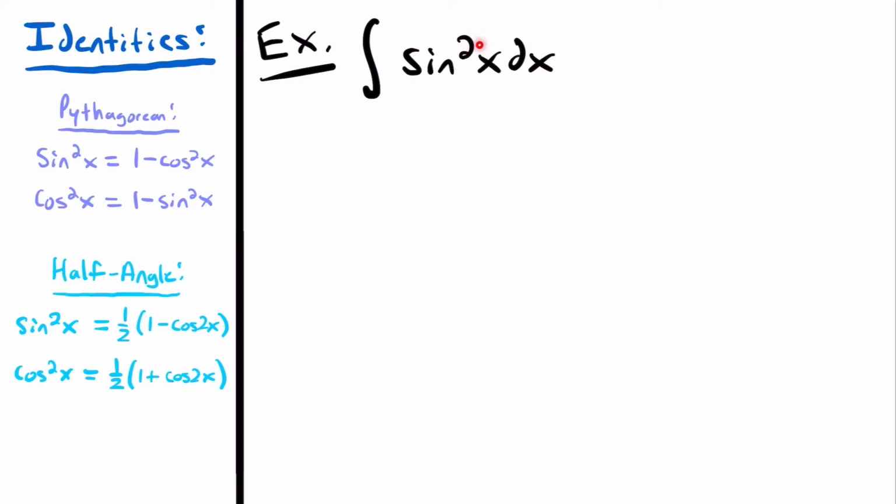Instead of rewriting sine squared x with a Pythagorean identity, where we'd have 1 minus cosine squared x, which is still a squared trig function, it's better to use the half-angle identity for sine squared x, which is equal to 1/2 times 1 minus cosine of 2x, which is easily integrated since it's cosine to the power of 1. If we use that half-angle identity, we'll have that this is equal to the integral of 1/2 times 1 minus cosine of 2x dx.